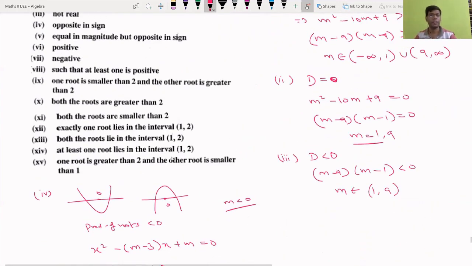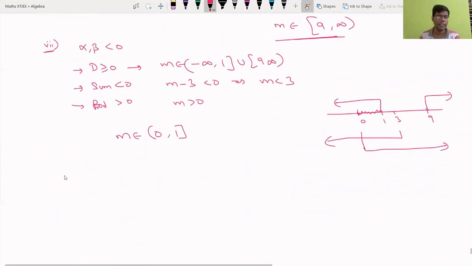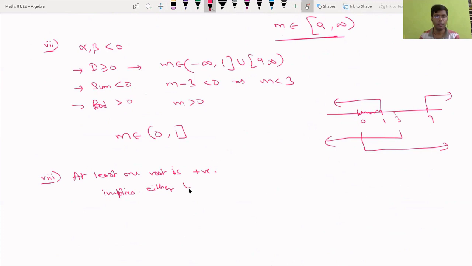The next one is at least one root is positive. So when I say the eighth one, at least one root is positive implies either both roots are positive or exactly one root is positive.